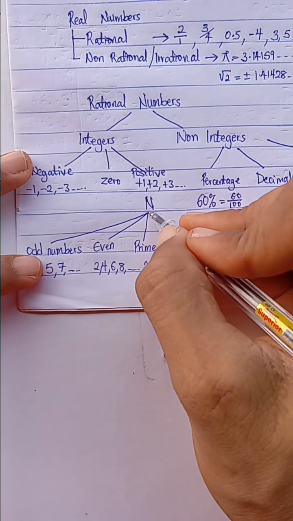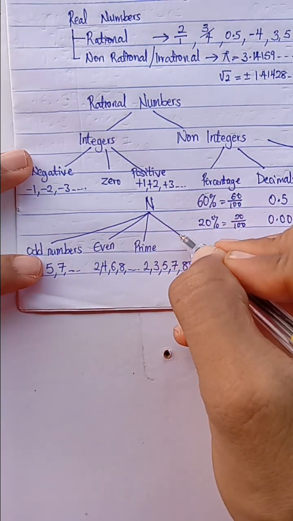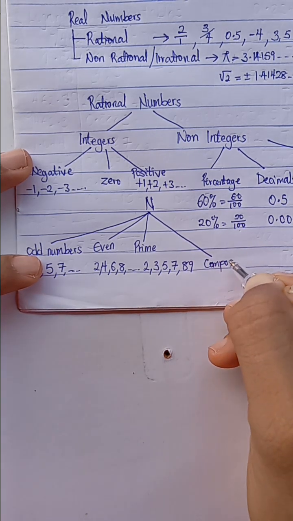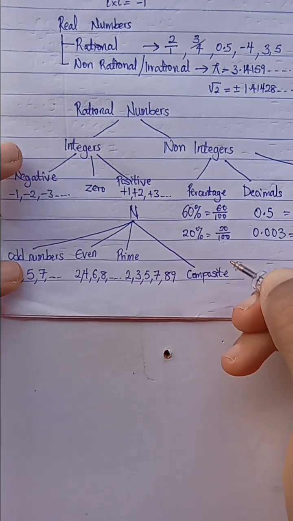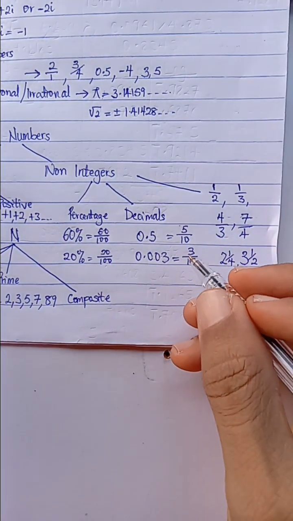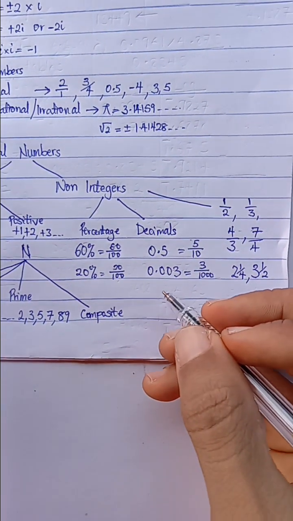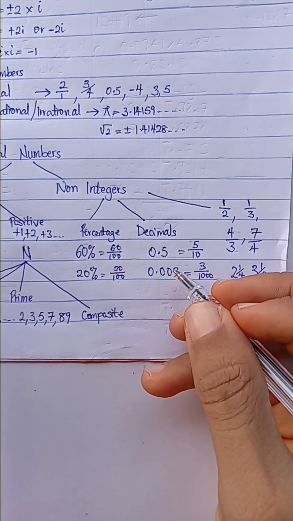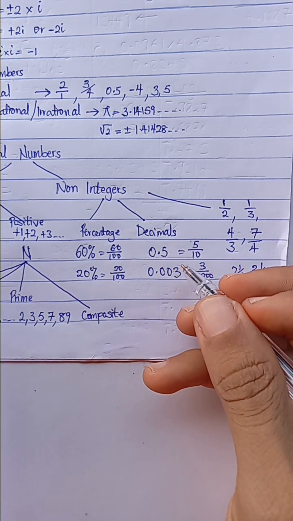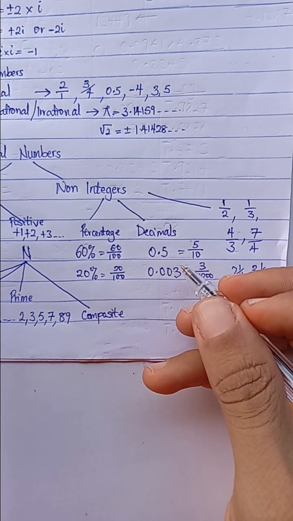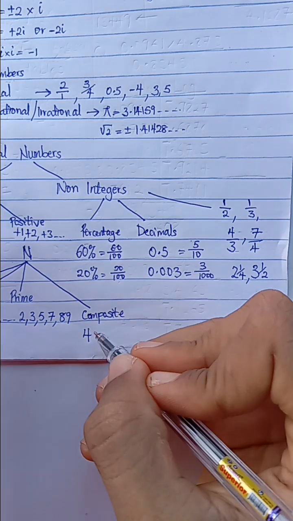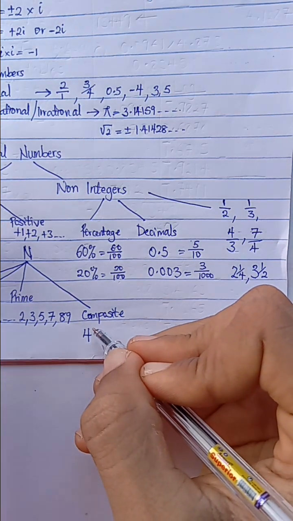Then the last natural number we'll talk about will be composite numbers. Now, composite, that's just like the opposite of prime numbers. Referring to composite numbers, we're talking about numbers that are not prime numbers. That means they can be divided by other numbers. They have several factors, more than just one and itself. For example, the number 4 can be divided by 1, 2, and 4.